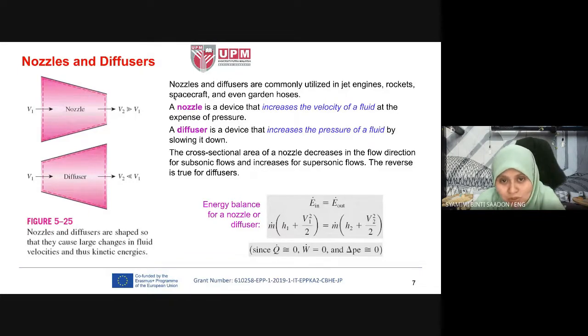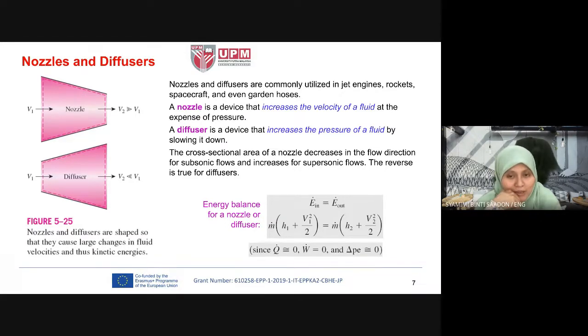So nozzle and diffuser are commonly utilized in jet engines, rockets, spacecraft, and even the garden hose, the hose that we have at our house or at the garden. This also applies the nozzle concept.